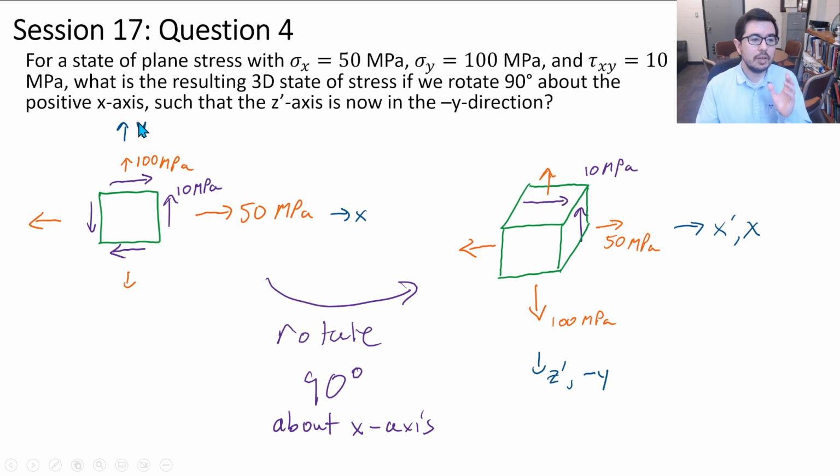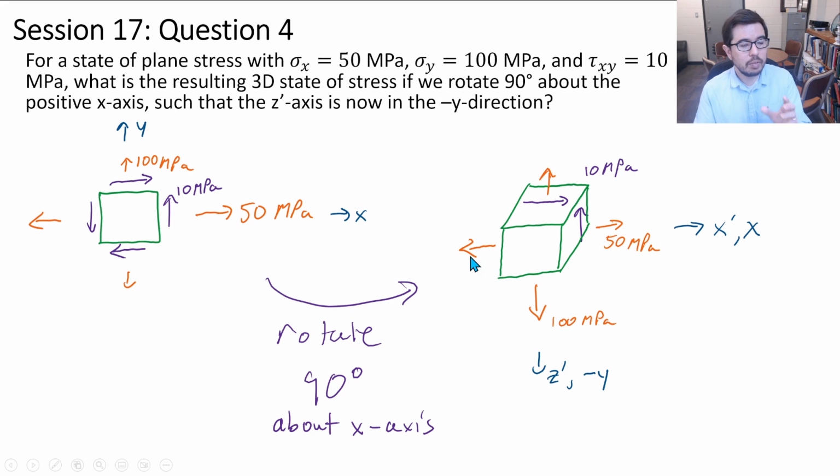Now, you can maybe visualize this. That's fine, and that's what we're doing here. We say, okay, we've rotated about x 90 degrees. Now we have a new x prime, so that this x prime and this x are in the same direction. This was the minus y direction, down here.